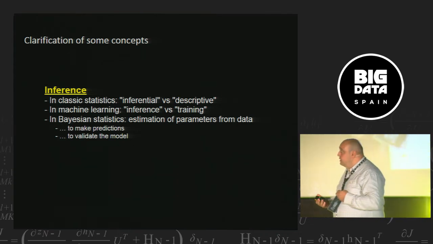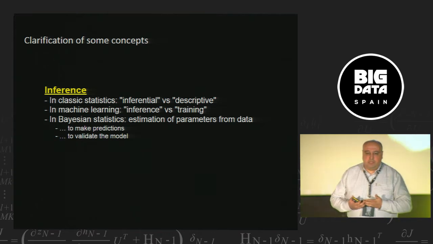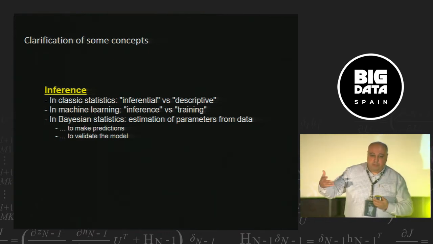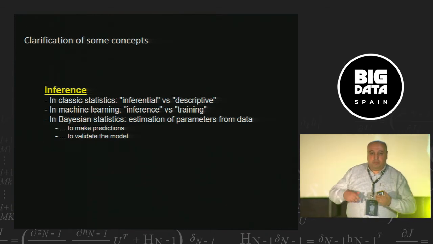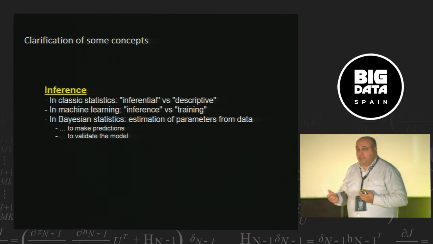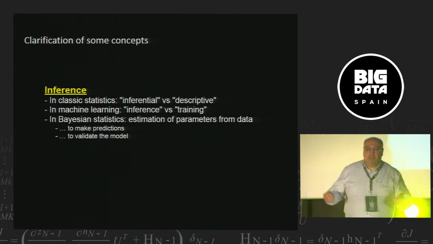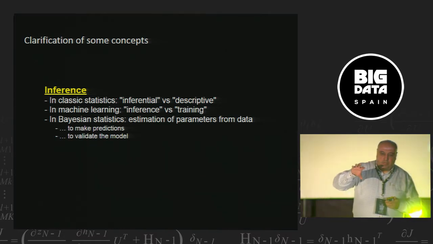What we're going to mean by inference is the deduction of those parameters in the model that created that outcome. So I have a probabilistic model that depends on many parameters, and I have some real-world data that I believe came from a process that is modeled by that model.